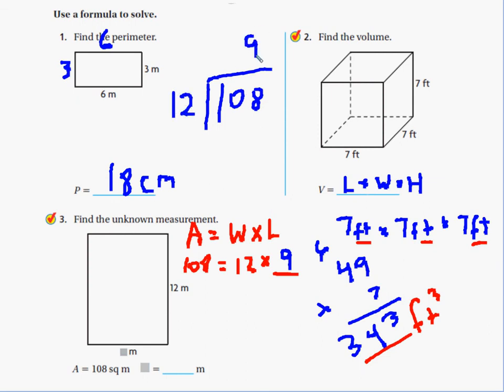And if you estimated 9, we multiply 12 times 9 to check our answer, and we get 108. So 9. And so what is our units? Well, it's right here, meters, because we're just finding one of the sides. And that's it.